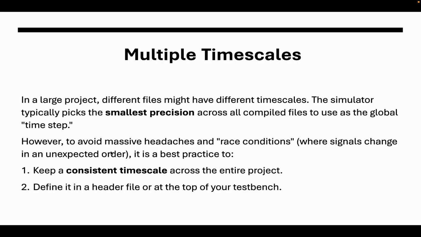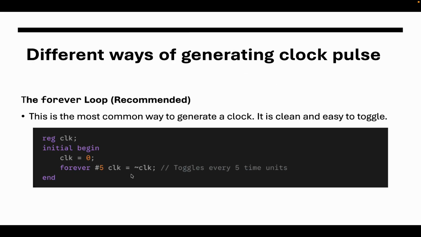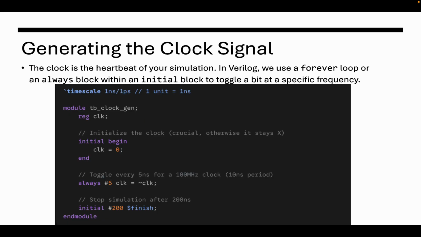However, to avoid massive headaches and race conditions where signals change in an unexpected order, it is a best practice to keep a consistent timescale across the entire project. Define it in a header file or at the top of your test bench. As I mentioned in the first slide, you will mention it at the top of your test bench as a header.